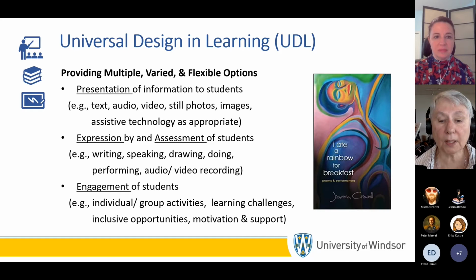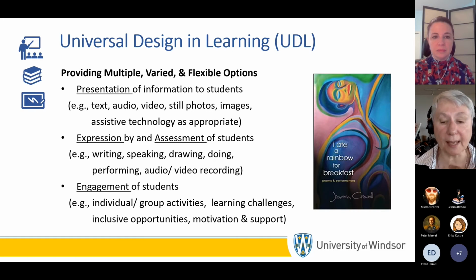Okay, I'll make this short because there's lots of content here. The important thing is providing multiple, varied, and flexible options in your curriculum. We need to adapt our instruction so that students' needs are met. The first thing is to think about your presentation. We need to make the tools that we are using work for everything. Sherry's going to spend a great deal of time on that.